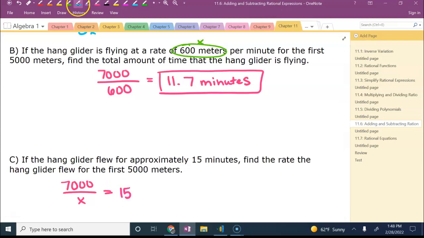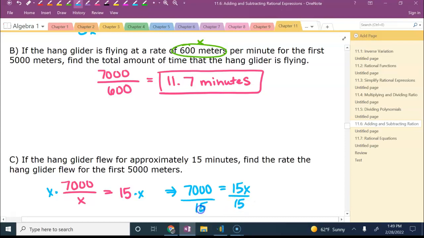So to get x out of the denominator, we're going to multiply both sides by x. So we have 7,000 equals 15x. And then I would divide by 15. And so we're going to have x equals, if we round it, 466.7. And that would be meters per minute. So that would be their speed.